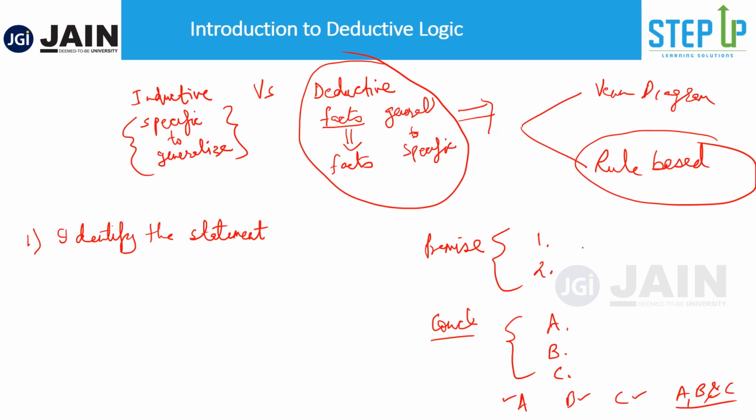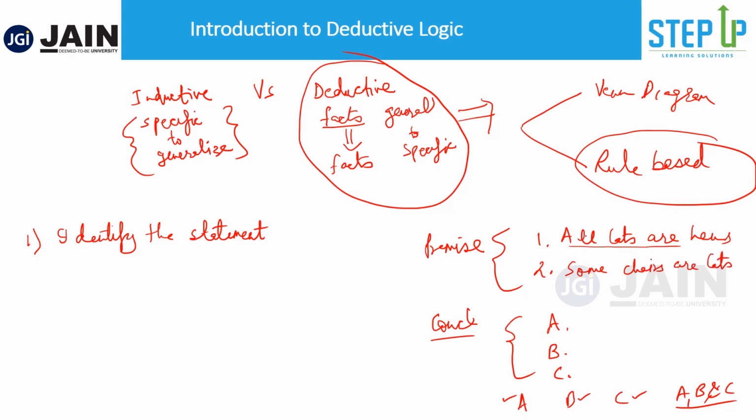These premises are in a certain format. It could be, let's say, all cats are hens, or some chairs are cats. These are 2 different types of format. One says all cats are hens, the other says some chairs are cats.